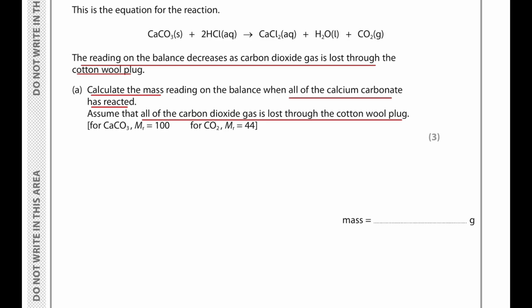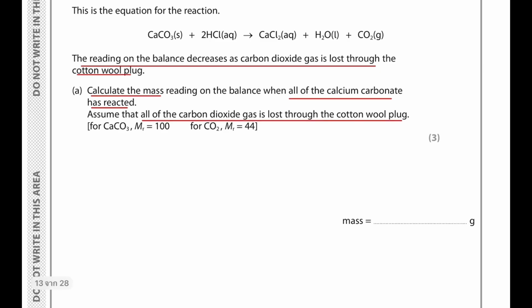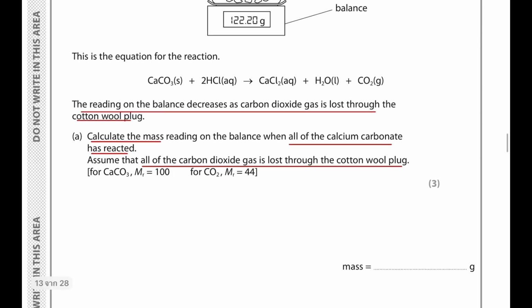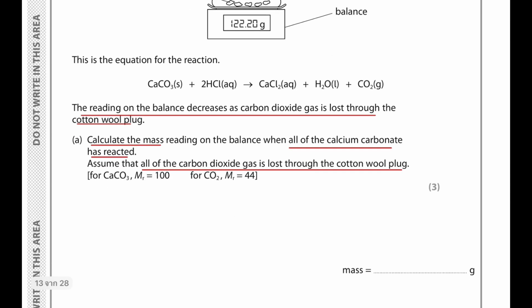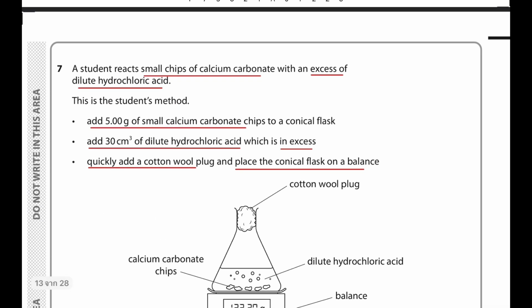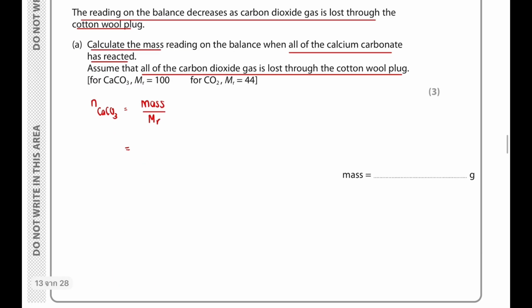Okay. So we have to find the mass. First of all, I will find the moles of calcium carbonate. Moles of calcium carbonate equals mass divided by Mr. The mass of calcium carbonate is 5 grams, so I put 5 divided by Mr, which is 100.